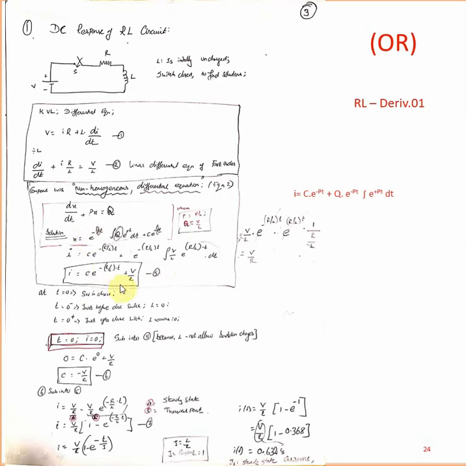Then in the I value, as usual, at t equal to 0, I is equal to 0. Substitute and further simplify the I value. What is the I value?